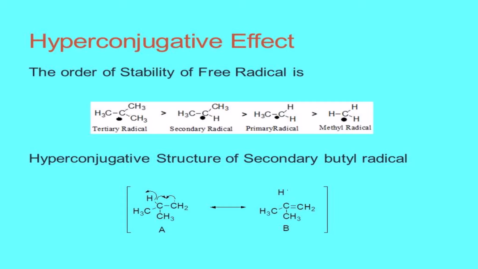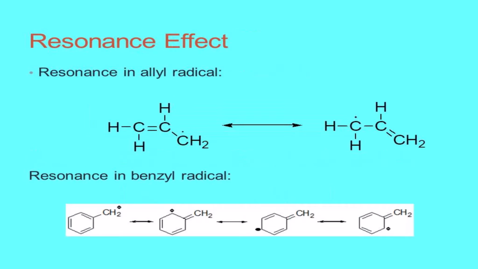In contrast, the secondary butyl radical has 6 and the n-butyl radical has 3 hyperconjugative structures. A higher number of hyperconjugative structures corresponds to greater radical stability. The stability order for free radicals is tertiary, greater than secondary, greater than primary, greater than methyl radical.